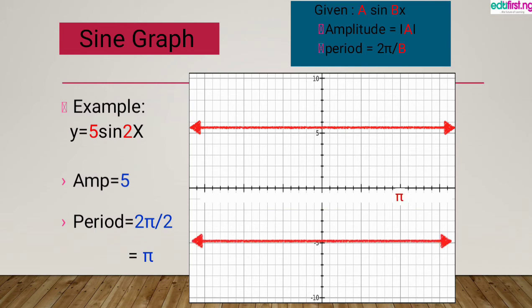You can see it here, pi. Then half of pi is pi/2. Then a quarter of pi will be pi/4. Then 3/4 of pi will be 3 pi/4. Now let's sketch the graph. You can see how exactly it will look.